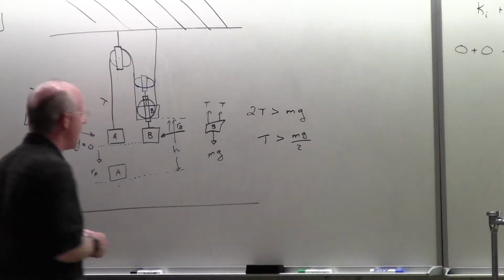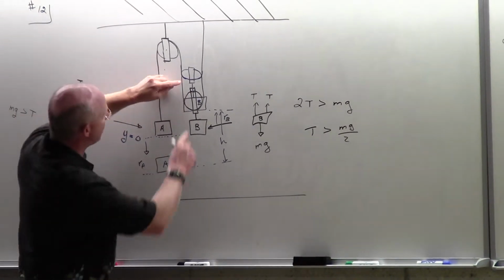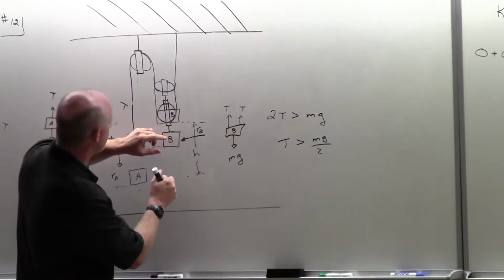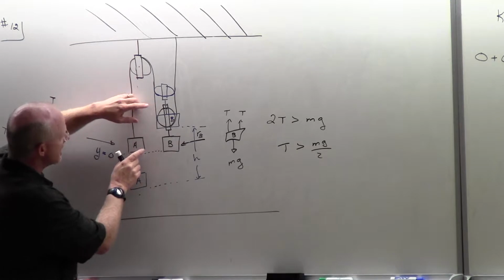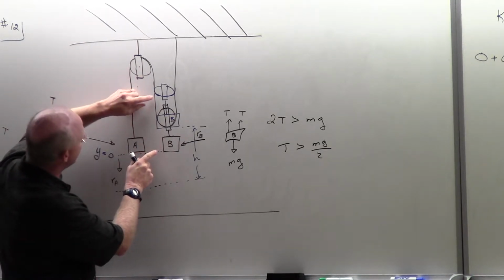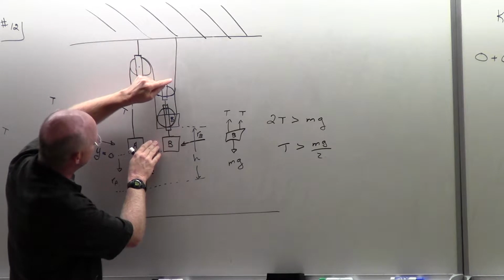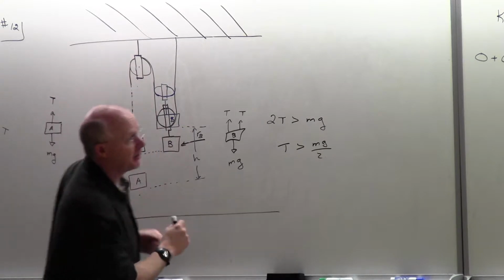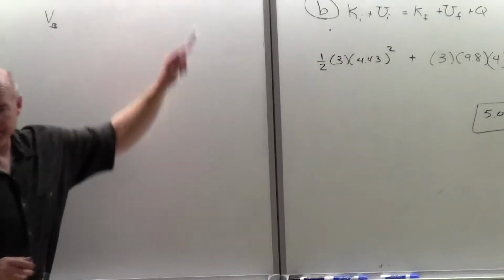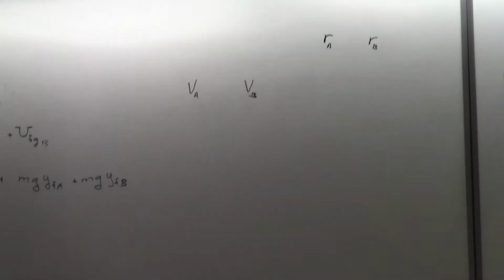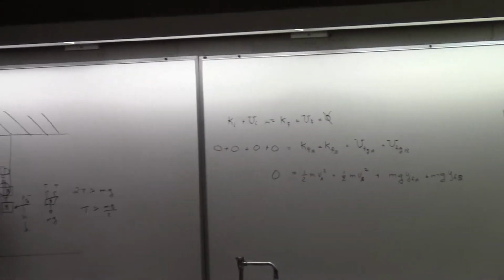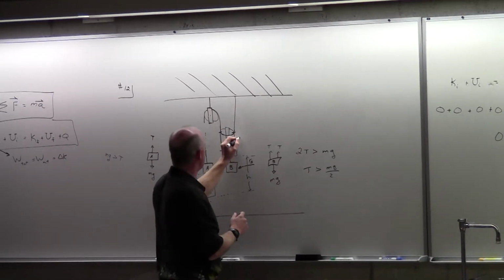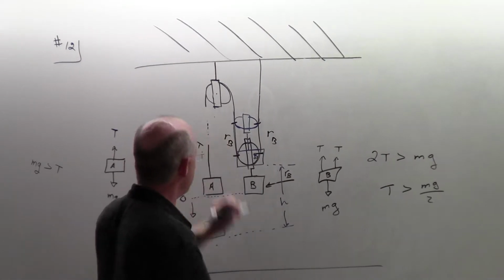It takes a little time to think about this, but you have to look at the distance here. Oops. Yeah, I guess that was right. But you have to look at how much did this move, or how much did it go up. And I'm looking at the string here. If you realize that this block B went up R sub B, you'll see that the string then, which would go from here down to there, and then from here down to there, each of those would be RB and RB.